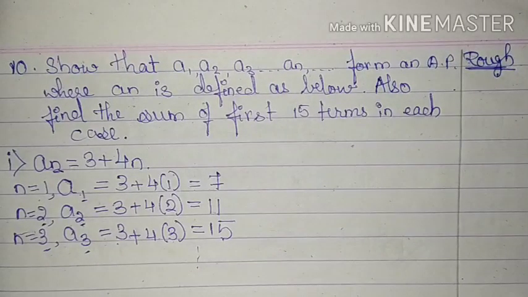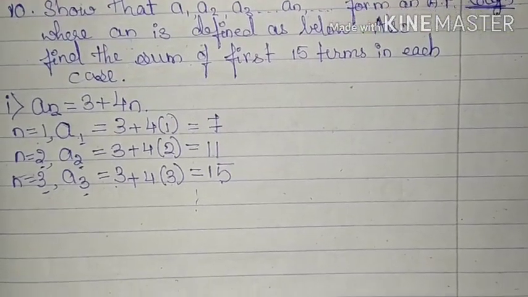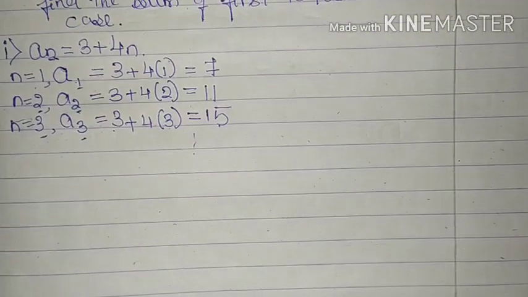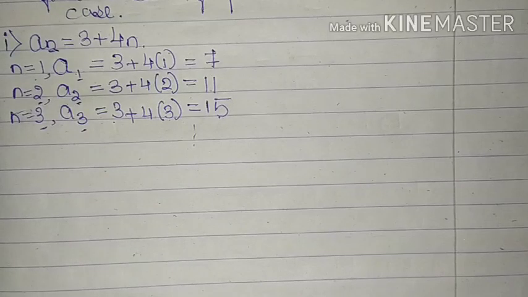So now let us check whether this a1, a2, a3 will form an arithmetic progression. How do we check if any given list of numbers is an AP? We just check whether the difference between the consecutive terms is a fixed number.